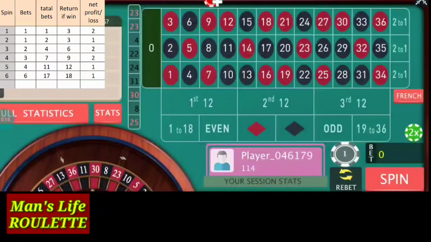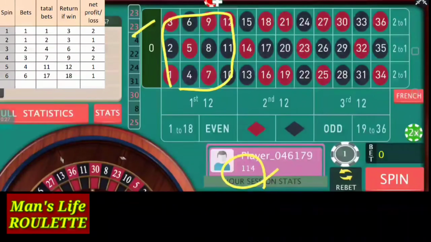So you can see that I have started from a $100 bankroll, and I have played only the dozens in this manner, like cycles of 6 spins, and I have moved up to the fourth spin in my first cycle, and in this 10 minutes of play I made a profit of $14, you can see here.